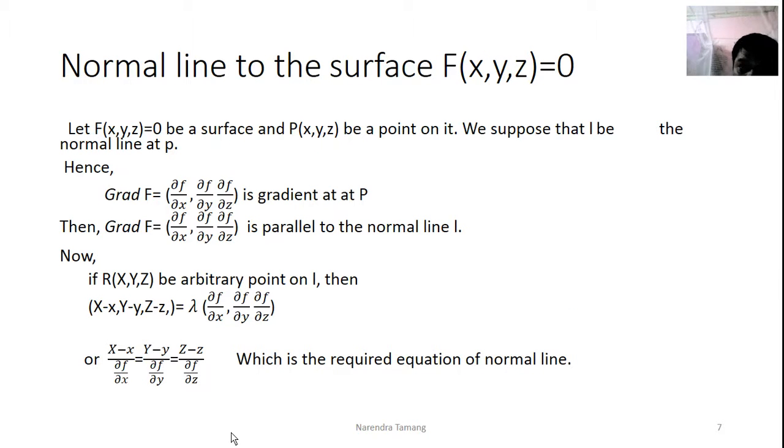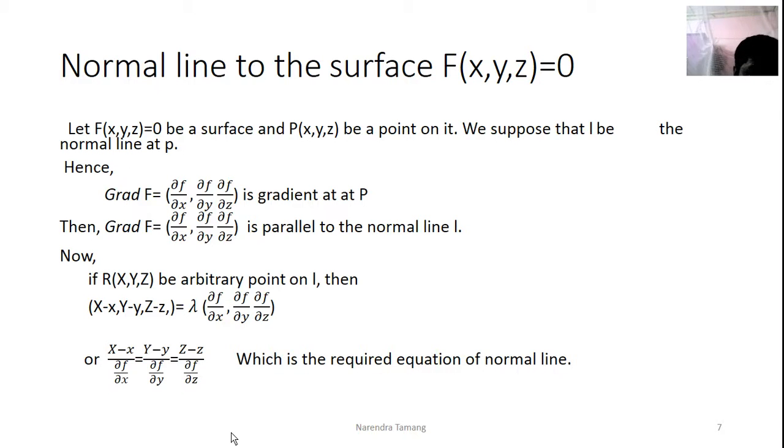Normal line to the surface f(x,y,z) = 0. Let f(x,y,z) = 0 be the surface and P(x1,y1,z1) be a point on it. We suppose that L is the normal line at P. Hence gradient of f equals df by dx, df by dy, df by dz at P. Then gradient f is parallel to the normal line L. Now if r(x,y,z) is an arbitrary point on L, then (x minus x1, y minus y1, z minus z1) equals lambda times (df by dx, df by dy, df by dz).